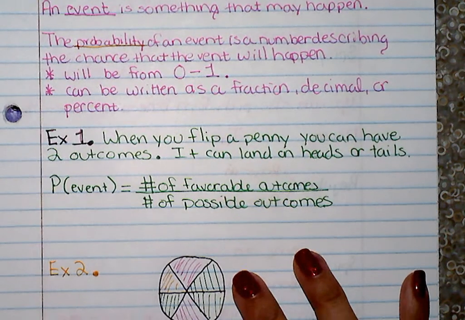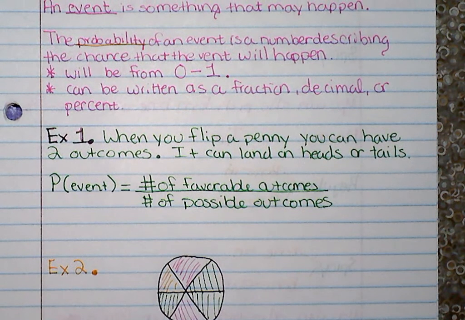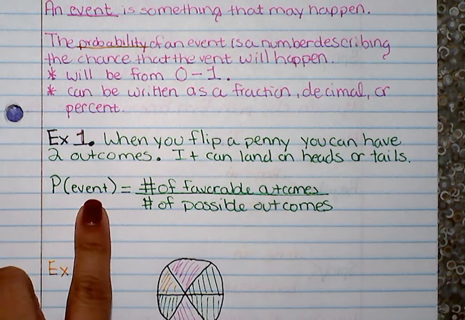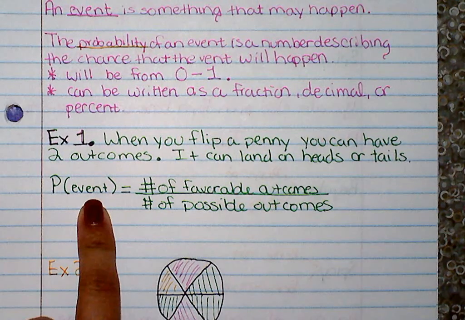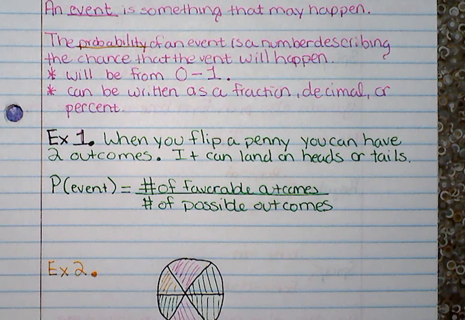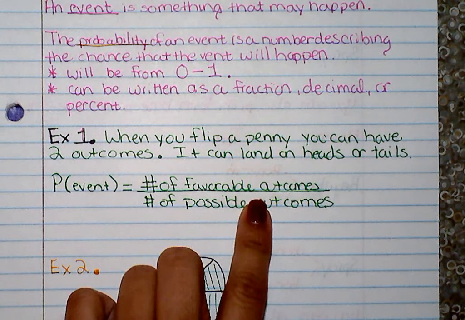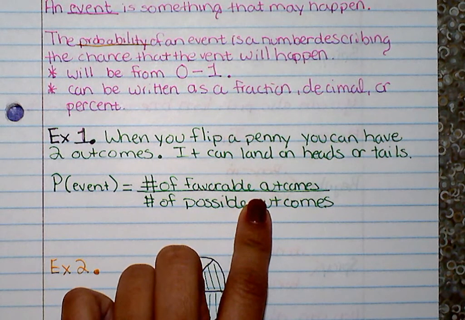So let's look at our first example. When you flip a penny, you can have two outcomes. You can land on heads or you can land on tails. So the way that we write this is the probability of the event, the likelihood of that event, is the number of favorable outcomes. That means the outcome that we're talking about, the one that you favor, the one that you like the most, like the teacher.